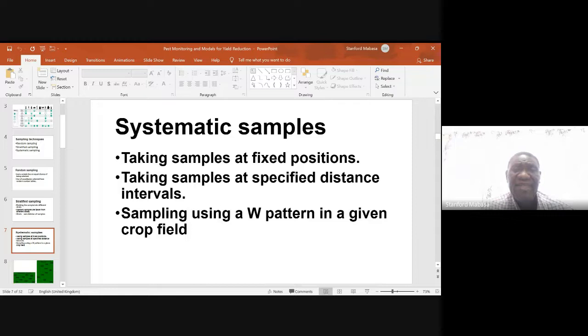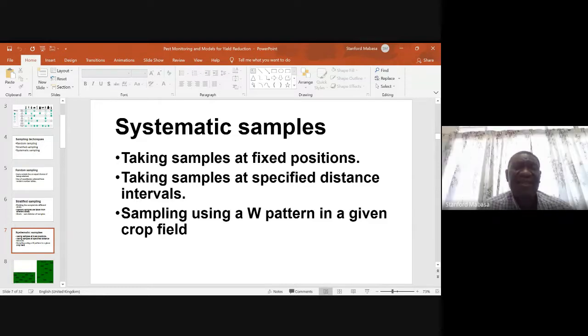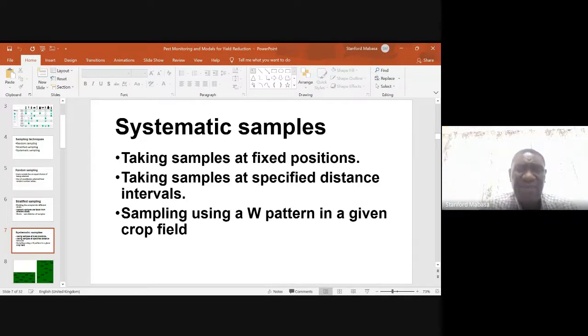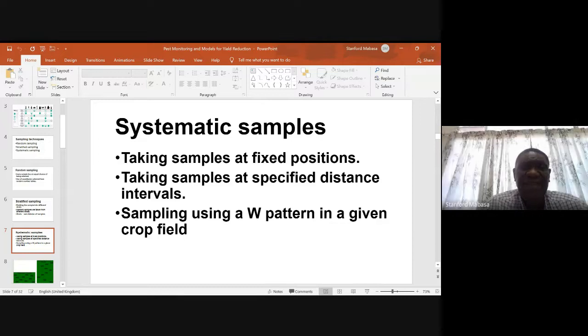Then we can also do systematic sampling, where taking samples can be done at fixed positions. We can take samples at specified distance intervals.